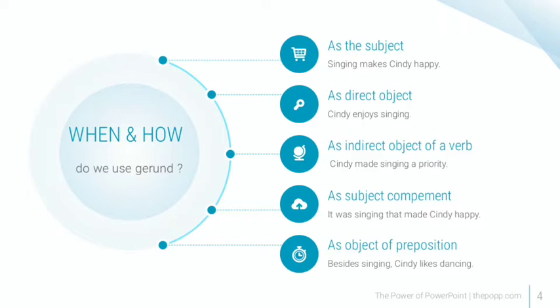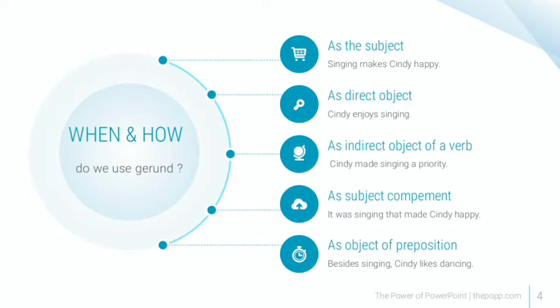Because a gerund is a noun, it can be the subject of a sentence. For example, singing makes Cindy happy. Here, singing is the noun doing the action to make. Because it completes the action, singing is the subject of the sentence.